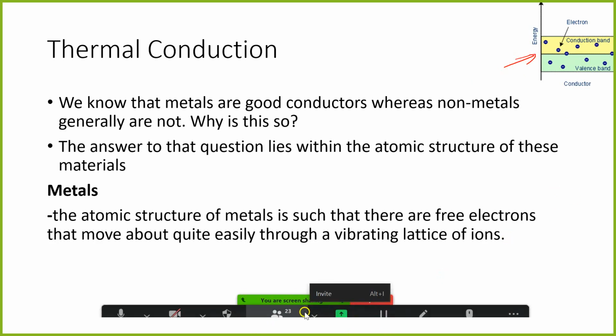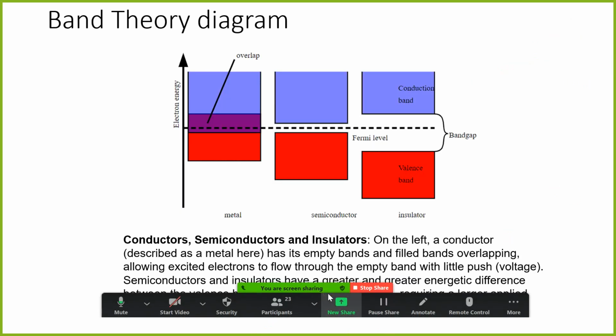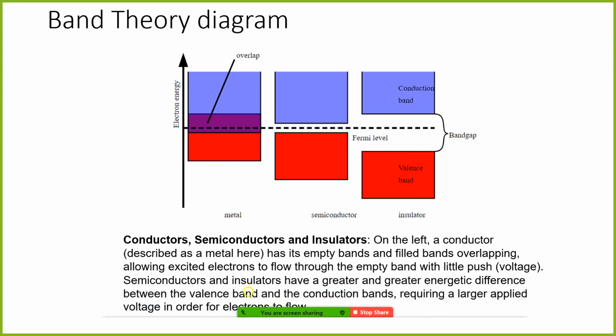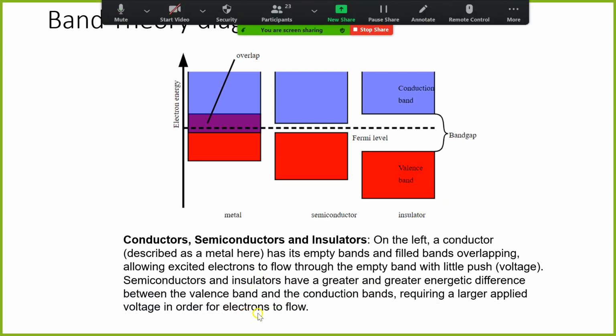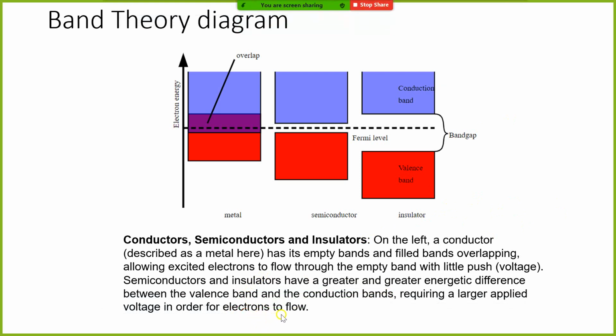All right. Now, this is a diagram that explains the different types of elements, in a sense. So we have metals, and group 4 elements will be semiconductors.